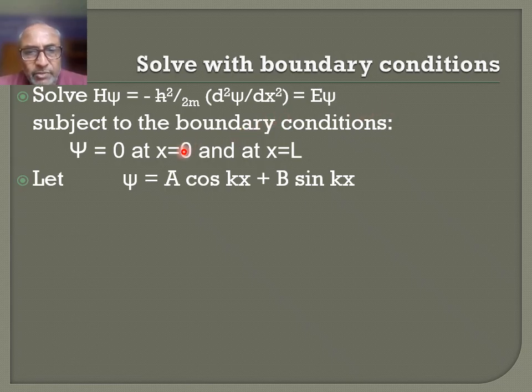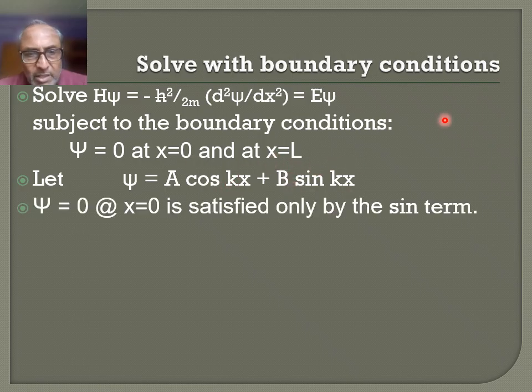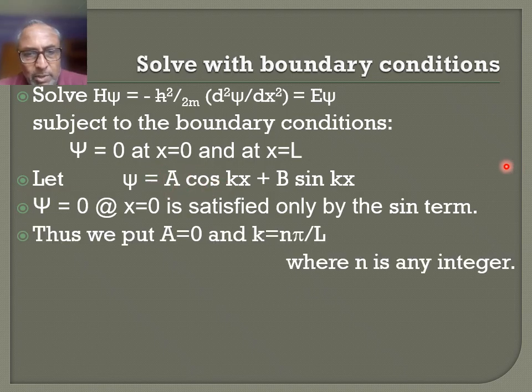Now if we put x equal to 0, we find that the second term vanishes, whereas the first term doesn't. In other words, the boundary condition psi equal to 0 at x equal to 0 is satisfied only by the sine term, and therefore we had to put a equal to 0 in order to make the first term vanish. Thus we put a equal to 0, and to satisfy the second boundary condition, we put k equal to n pi by L, where n is an integer.